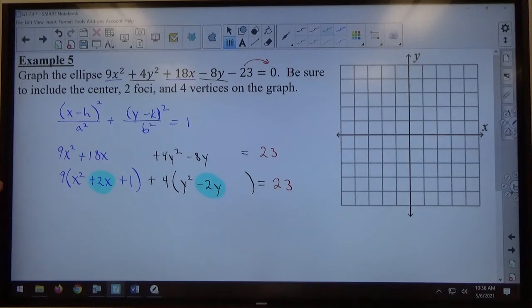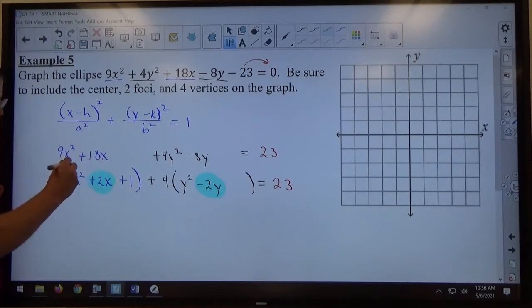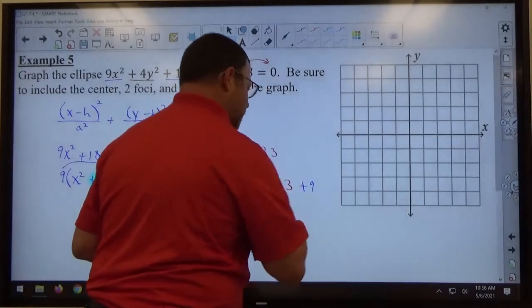It's inside the parentheses, and the parentheses is being multiplied by 9. So even though I added 1 here, on this side I've actually added 9 times 1, which is 9. That's what I've really added. So plus 1 goes in my work, but plus 9 is what in reality got added, so plus 9 has to come over here.